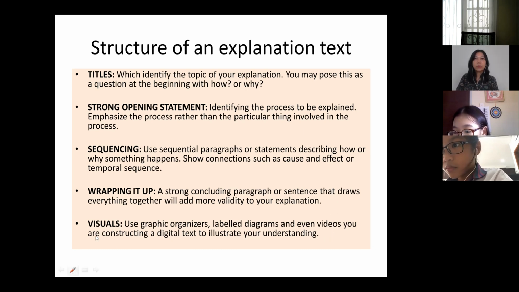The last one to be in your explanation text would be visuals. You can use a graphic or diagram or even a picture, okay? Use graphic organizers, labeled diagrams, and even videos. Of course, videos will not be possible because you are writing a text, okay?